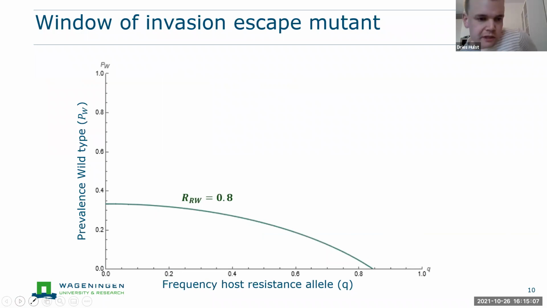So we'll take you through this figure. This is what we had before, the prevalence of the wild type over the frequency of the host resistance allele. Now it will only show it for one reproduction ratio, because otherwise this figure will get very complex.